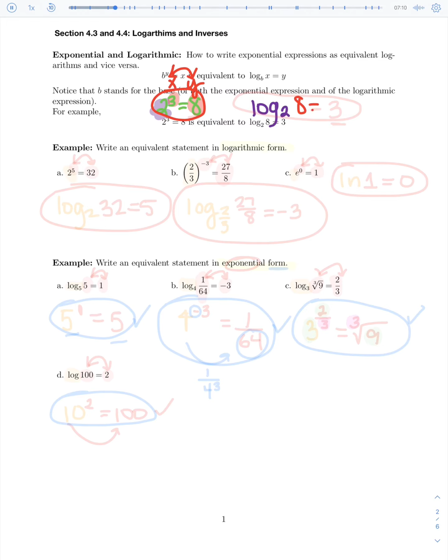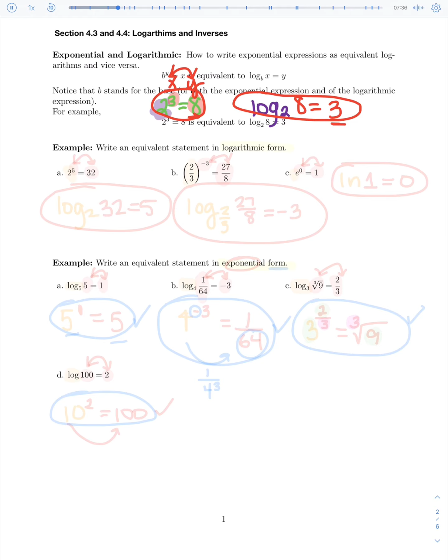That means the 3 will actually move to being on its own on the other side. So our equivalent statement as a log using inverses would be that the log base 2 is of the 8 this time. The 3 is now on the other side by itself because we swapped the x's and the y's, but we kept the base the same because they are inverses.